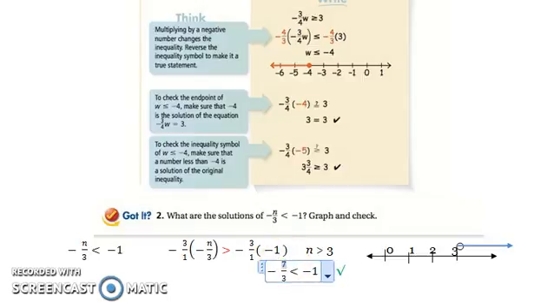Let's try positive 7. I'm putting a 7 in for n. The negative was already there. So I'm putting the 7 in for n. Is negative 7/3 less than negative 1? Yes, because this is actually 2 1/3. So negative 2 1/3 is definitely less than negative 1, so that works.